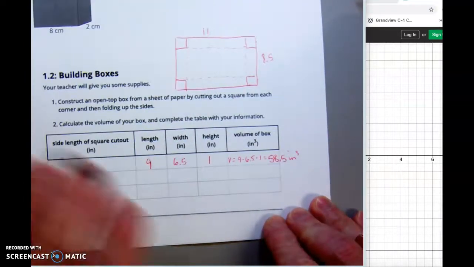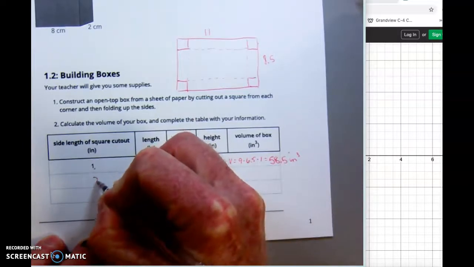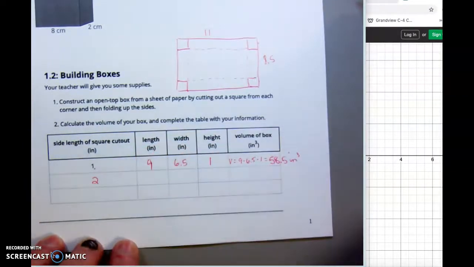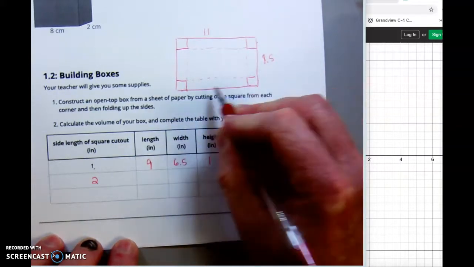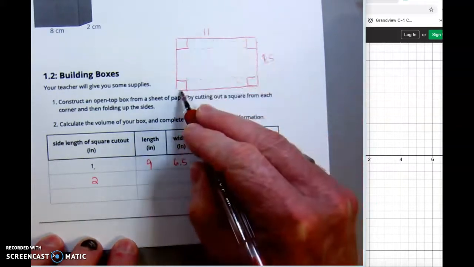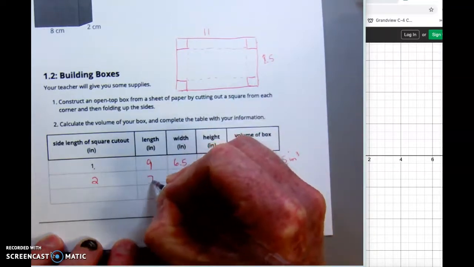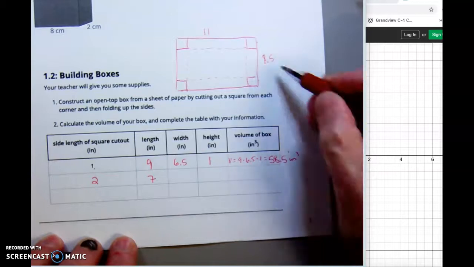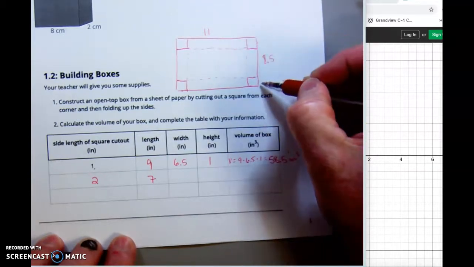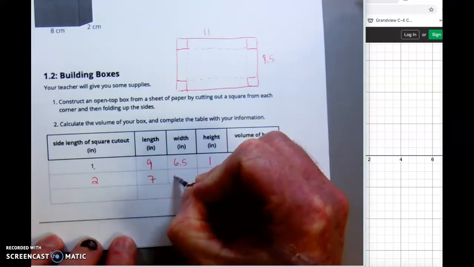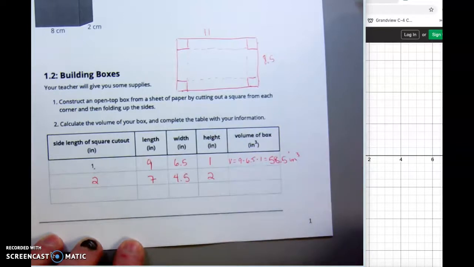Let's say we made that cutout bigger. Let's say we went to 2 inches. So now it's 2 inches here, 2 inches here. So 11 minus 2 on each end: minus 2 would be 9, minus 2 more would be 7. 8.5, I'm going to take 2 off of each side, so 6.5, 4.5. Now my box is 2 inches tall.